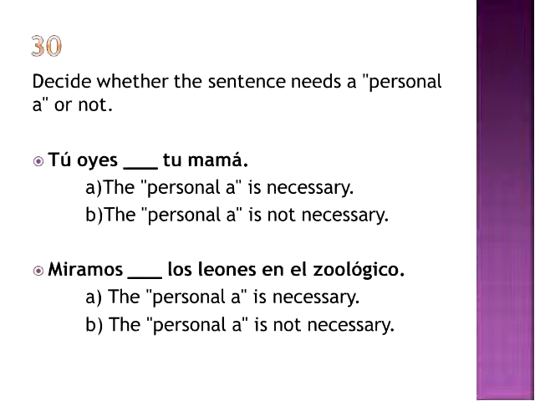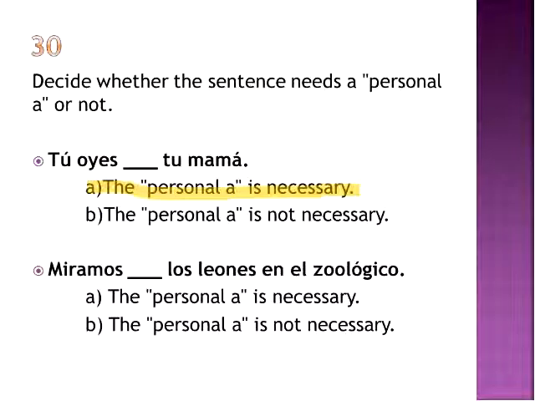So, I hear my mom in English. In Spanish, I hear a my mom. I insert the personal A before the object when it's a person. That's why it's called the personal A, to help you remember. When it's a familiar person, someone you're personally acquainted with, you're going to need that personal A. So in this case, tú oyes a tu mamá would be correct. The personal A is necessary.